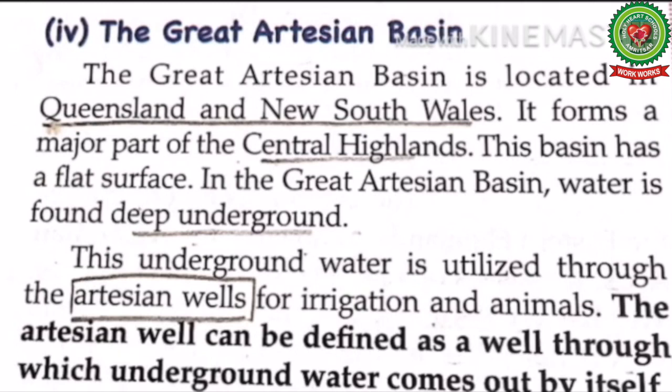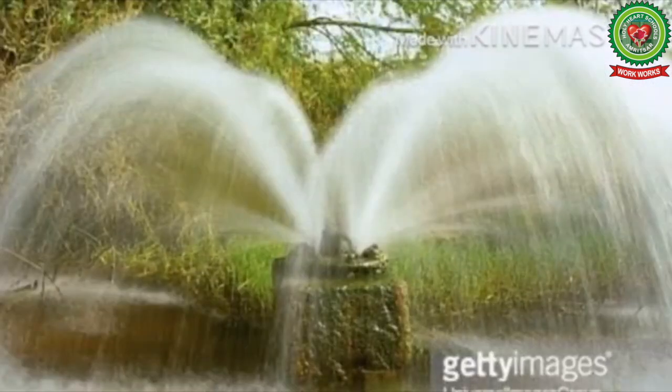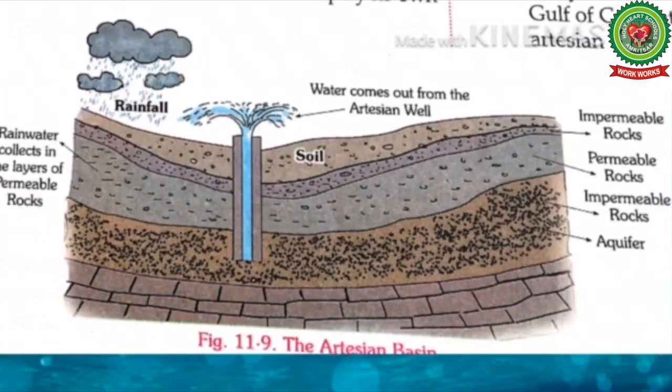What are artesian wells? The artesian well can be defined as a well through which underground water comes out by itself. Students, this is a picture of Great Artesian Basin. In Great Artesian Basin, there is a layer of permeable rocks and impermeable rocks.